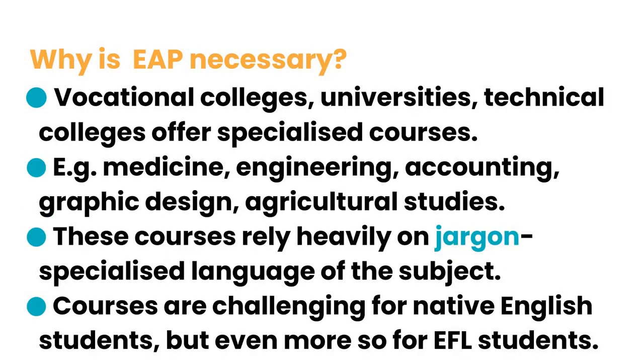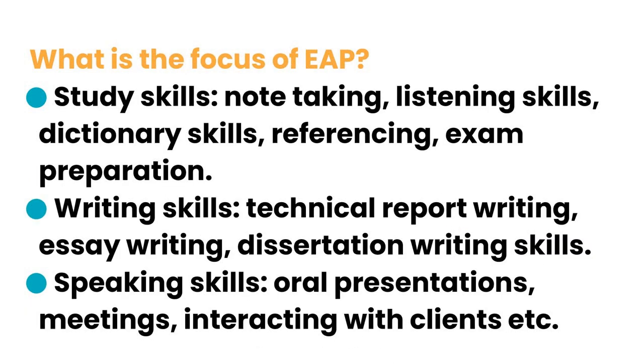Also, we mentioned the different subject fields that you can get into: vocational colleges, arts, history, engineering, and so on, social sciences, for example. EAP can be very challenging for students.